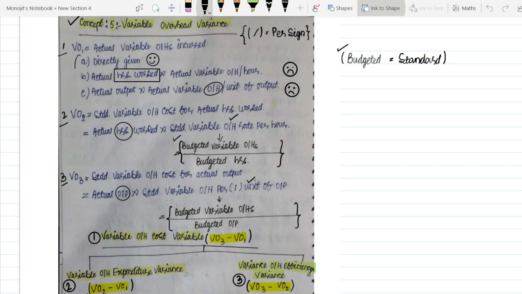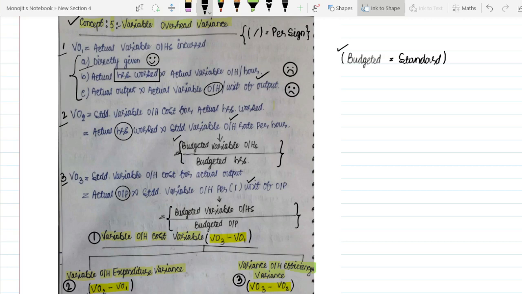In case A, the actual variable overhead incurred may be directly given. In case B, actual hours worked into actual variable overhead per hour, you have to calculate on the basis of data.